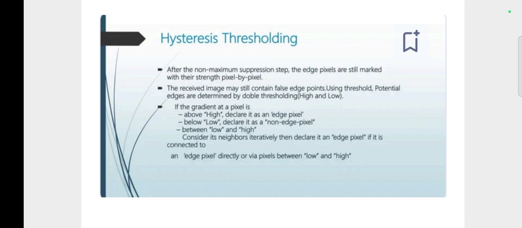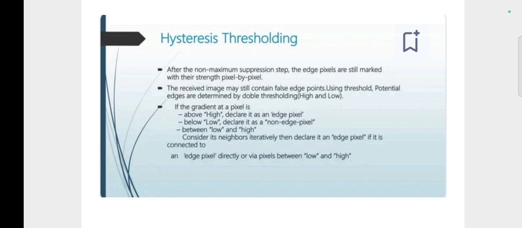After the non-maximum suppression step, the edge pixels are still marked with their strength pixel by pixel. The resulting image may still contain false edge points. Potential edges are determined by double thresholding, that is high and low. If the gradient at a pixel is above high, declare it an edge pixel. If it is below low, declare it a non-edge pixel.